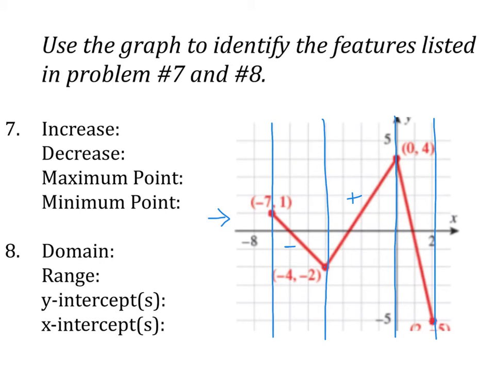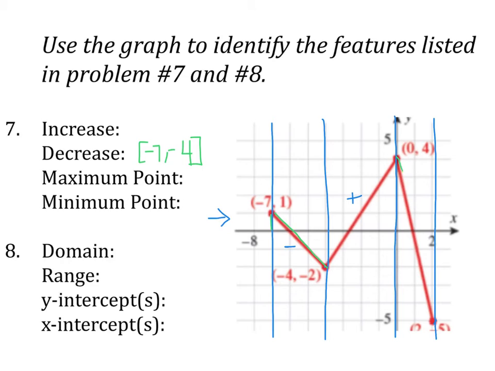So you're going to have to see here that, I'll just color them differently. This section right here, when we're walking down, all right, so that's a decrease. And again, you're only looking at the x values, so that's -7 to -4. And you notice I'm using brackets because the dots are closed.